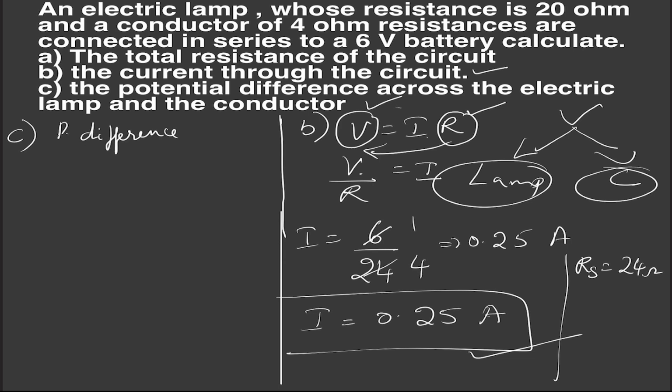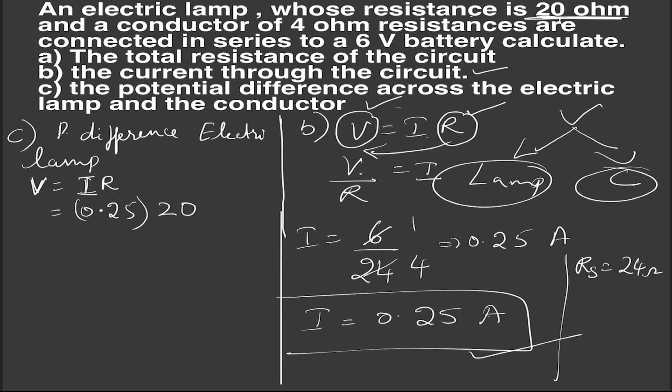First we shall find the potential difference across the electric lamp. Using Ohm's law again, V is equal to I into R. We have to find V itself. What is the flow of current? That is 0.25 ampere. Then what is the resistance of the electric lamp as given in the question? It is 20 ohm. So you have to multiply 0.25 with 20.